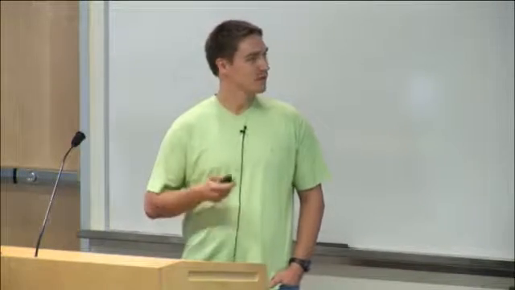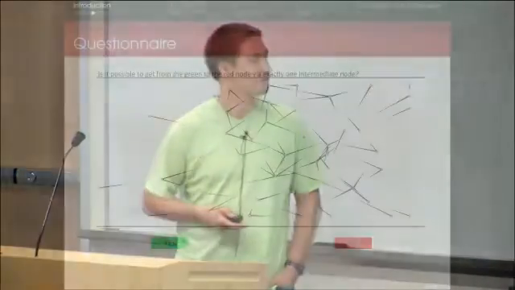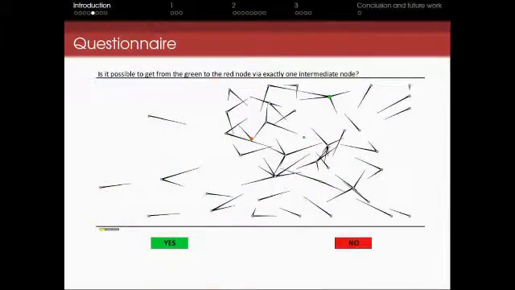He wanted to know if such a drawing makes it easier to understand the graph. For example, with the question, is there a path of length 2 connecting the red and the green node? The users of the study had to click buttons, yes or no, and so on.